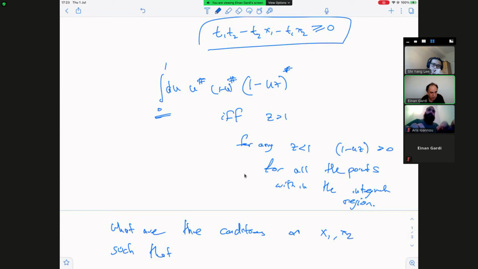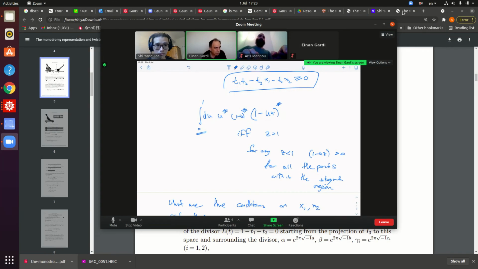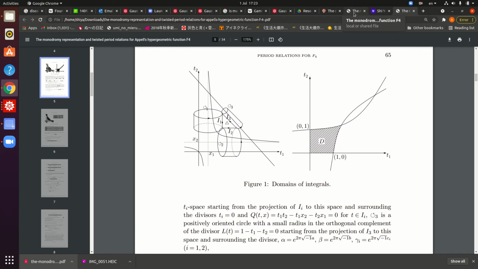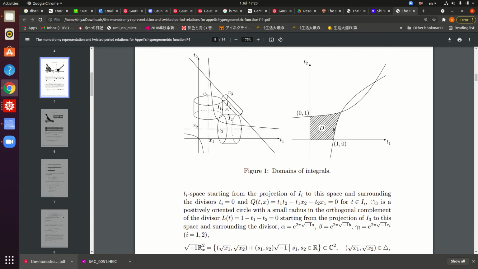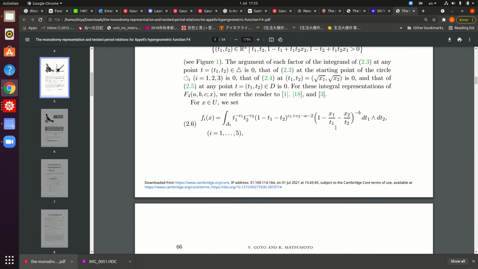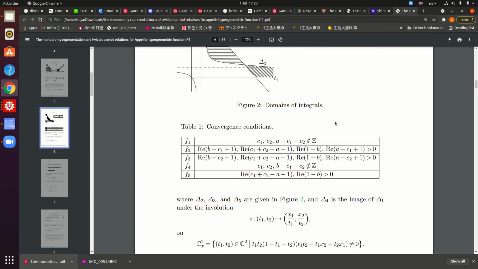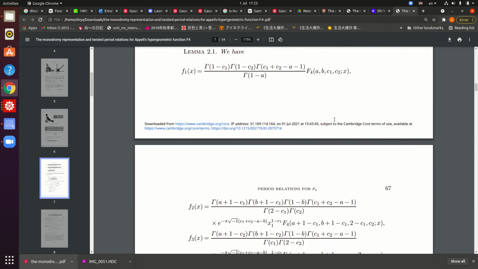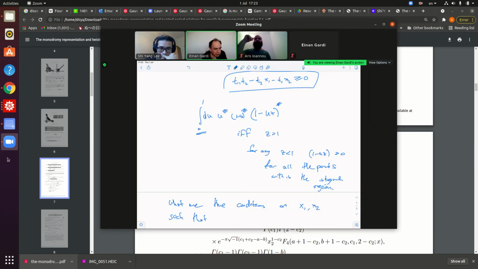I'm looking now at the paper. Okay, I don't see a representation in terms of 5. I tend to choose this one. Let me just see that we have a representation in terms of 5.